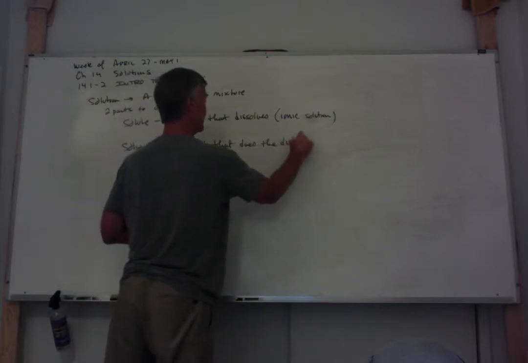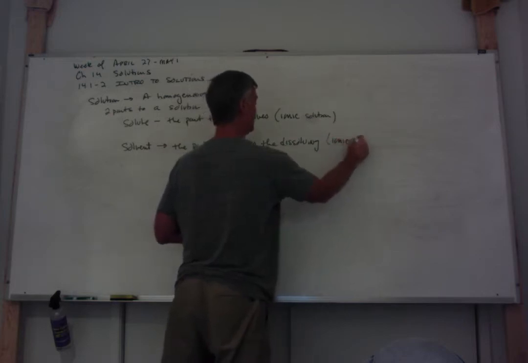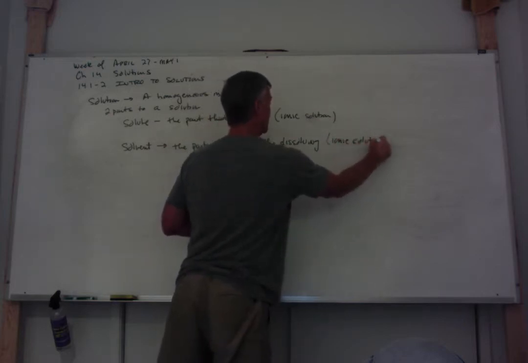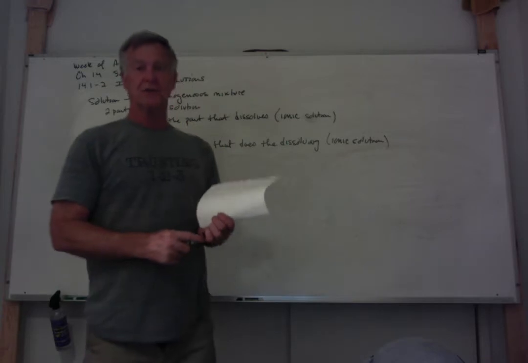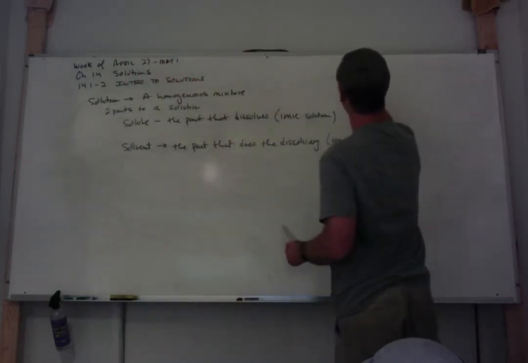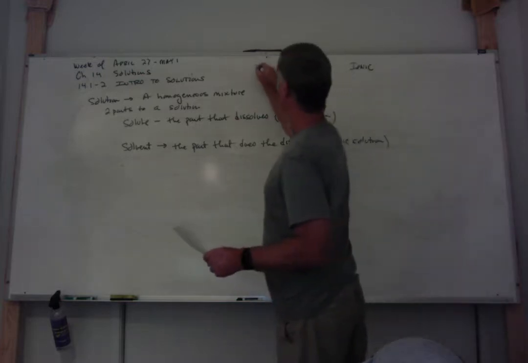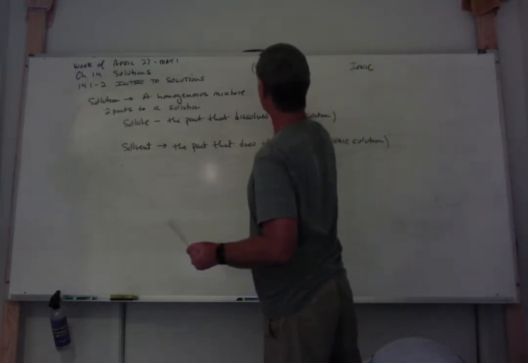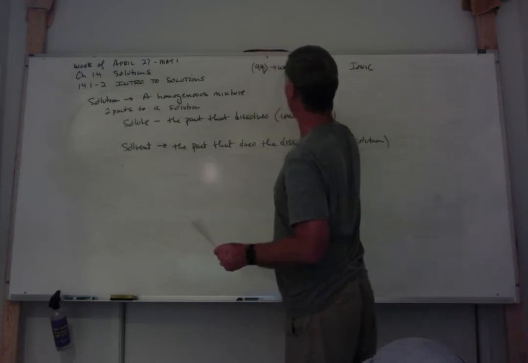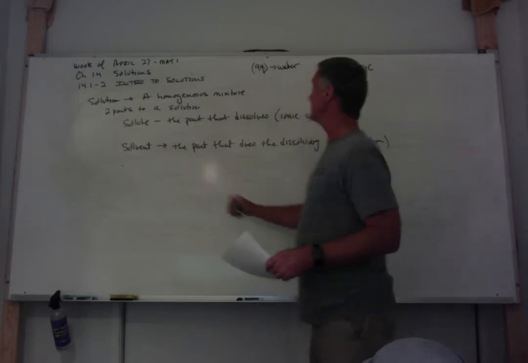And once again, this would be for an ionic solution. So let me talk about ionic solution first. We're dealing with aqueous solutions. That's where we saw that little AQ. Aqueous means it's a water solution, and almost always the water will be the solvent.